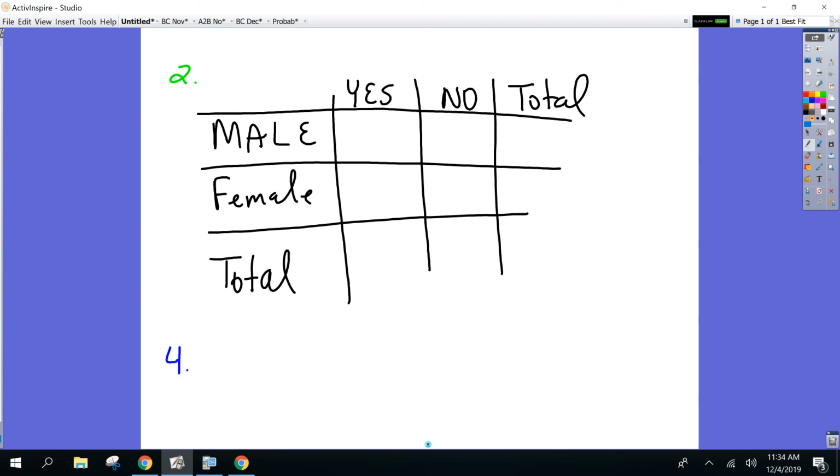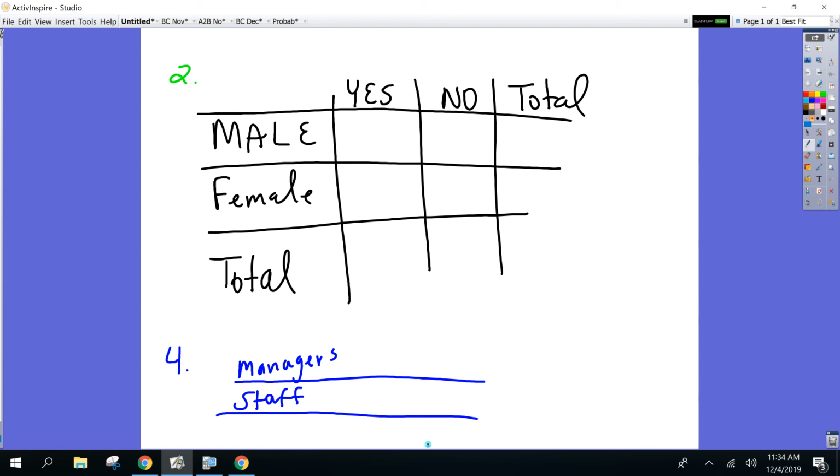On the left-hand side, you're going to have managers, staff, assistants, and then total.